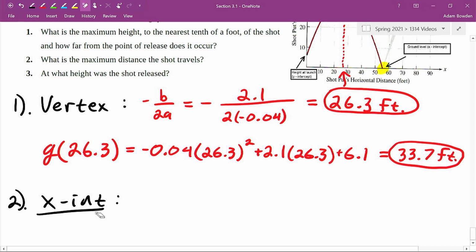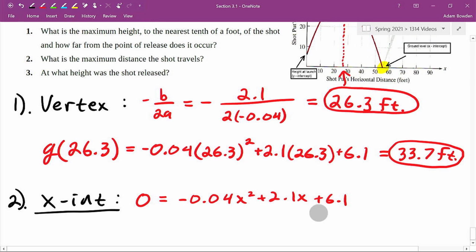As we've done before, we have to set it all equal to 0: negative 0.04x squared plus 2.1x plus 6.1. Now this we're going to have to solve with the quadratic formula.